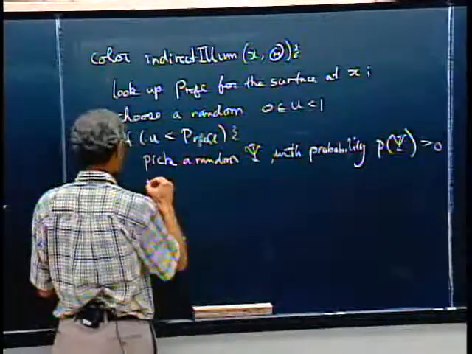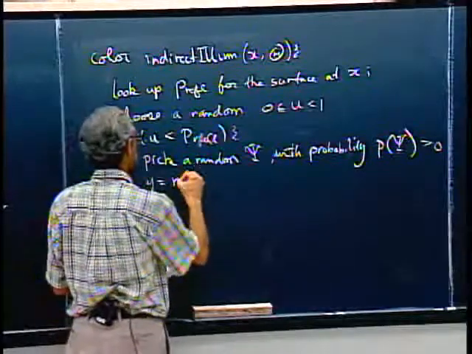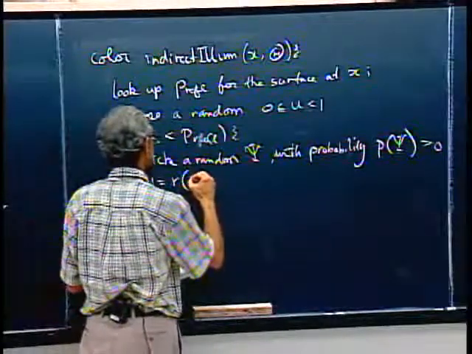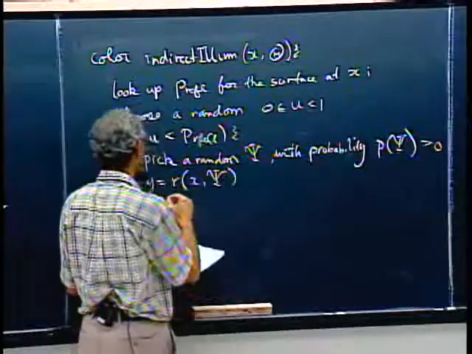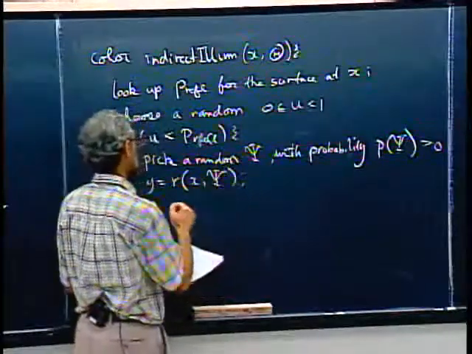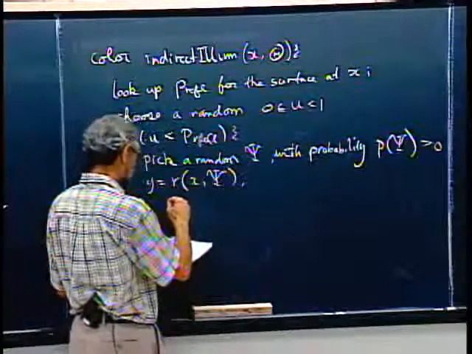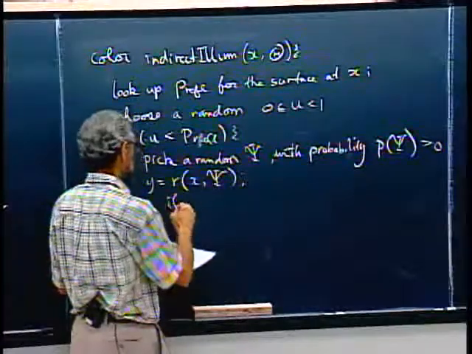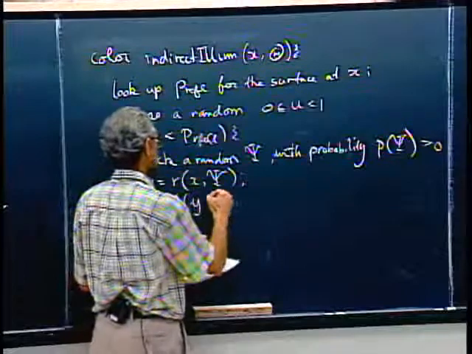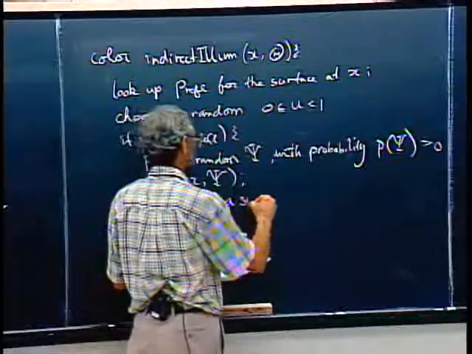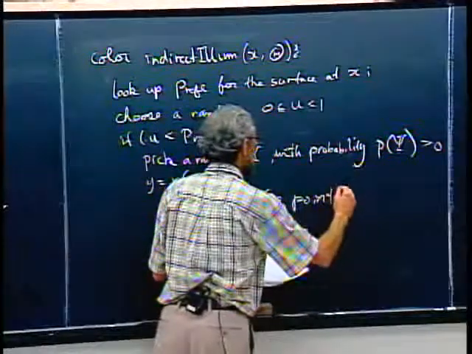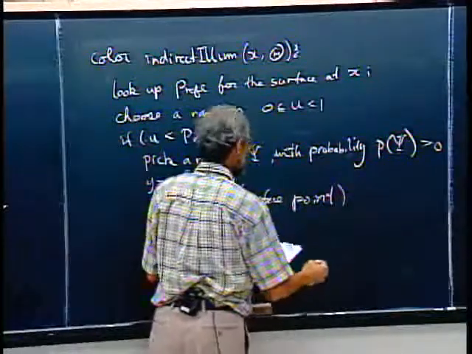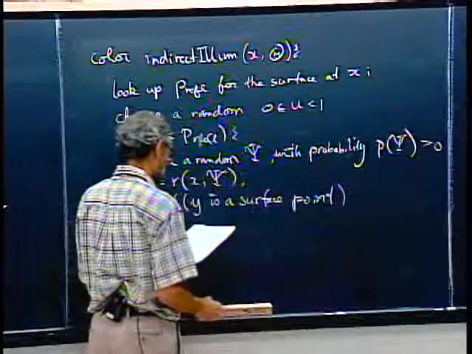Okay, and then y is the point where the ray from x, in that direction psi, hits the scene, if at all. And, you know, unlike the book, I've been considering the case that it might not. So if y is a surface point on the scene, then we have to estimate this radiance.